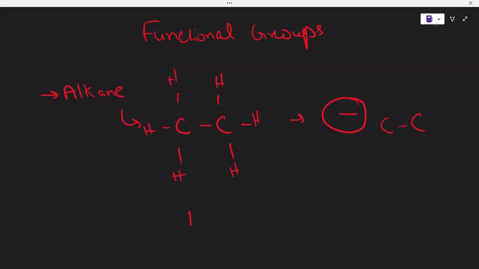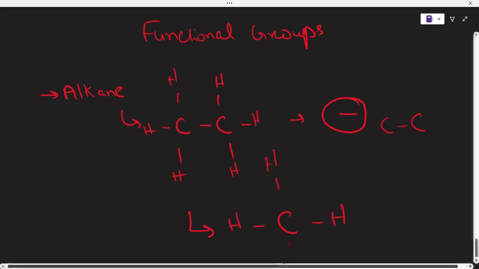And the reason I'm saying it's the single bond is because this alkane molecule can also exist as a single carbon. So this is CH4 and this is C2H6. So this is for alkane.